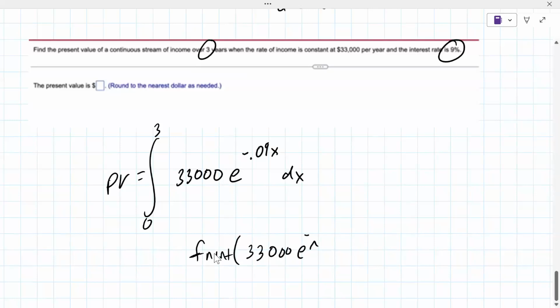All right, e caret, minus 0.09x, comma 0, comma 3.